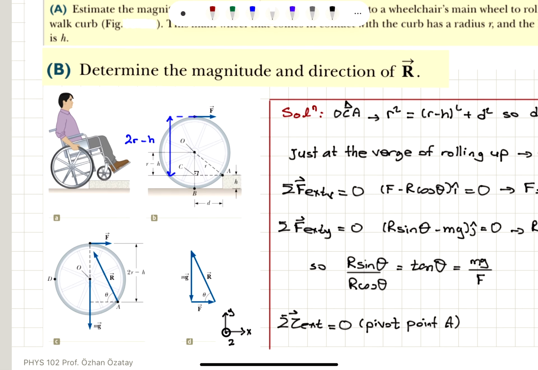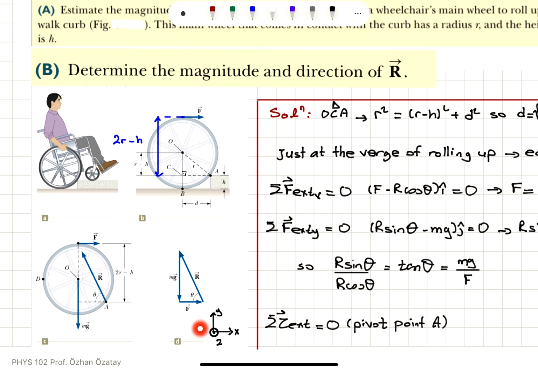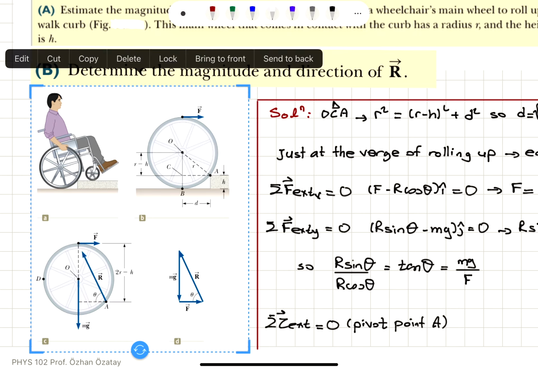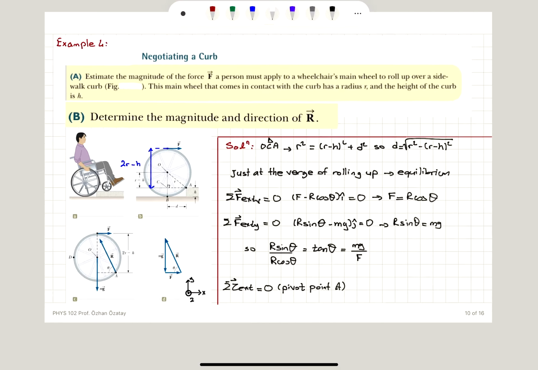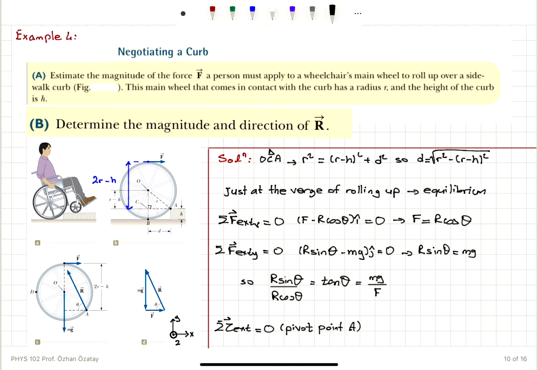So writing the torque here, mg times d, the perpendicular distance. Now I can determine the direction of this torque with this coordinate system. I go from the pivot point to the application point of the force, curl my fingers towards the force, and my thumb points out of the page. So it's going to be mgd k hat.